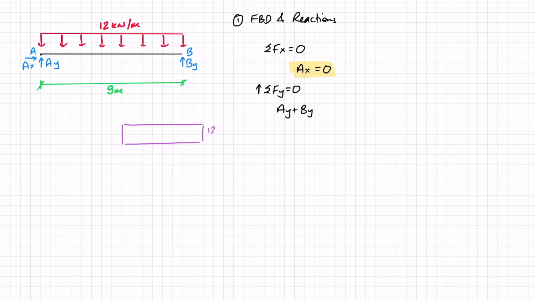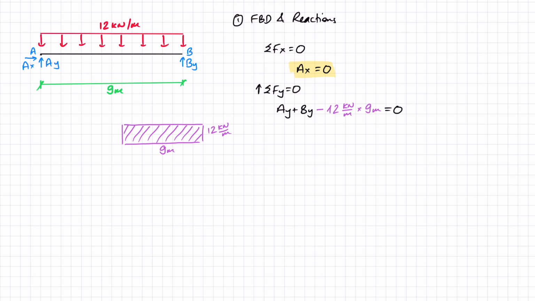Its height is 12 kilonewtons per meter and its length is 9 meters. So this area is going to be equivalent to the resultant force. So minus, because it is going down, 12 kilonewtons per meter times 9 meters. And we can see that kilonewtons per meter times meters is going to give us kilonewtons, so that is going to give us force. And that whole thing has to equal 0 because there's nothing else in that vertical direction.